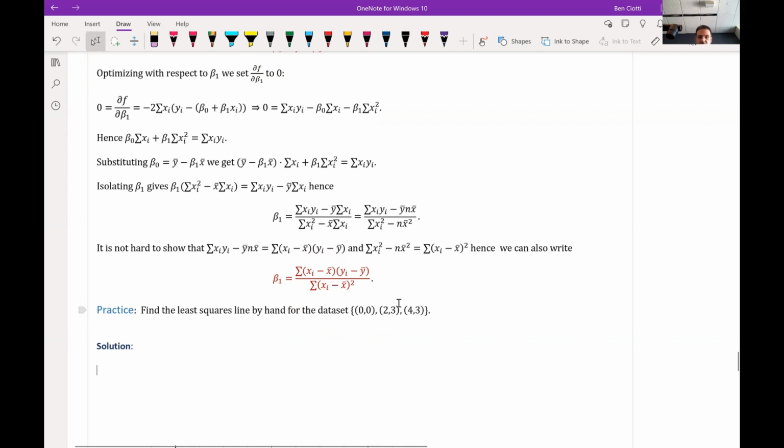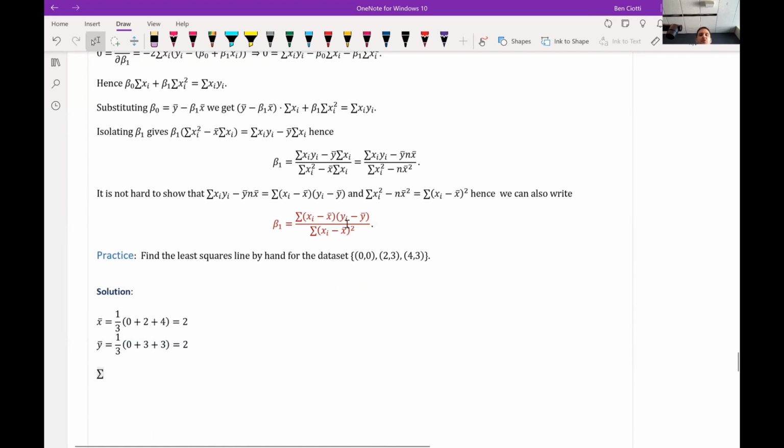If this is our data set, then x bar, the mean of the x values, will be 1/3 of 0 plus 2 plus 4, which is 2. Y bar will be 1/3 of what? 0 plus 3 plus 3, which is also 2.